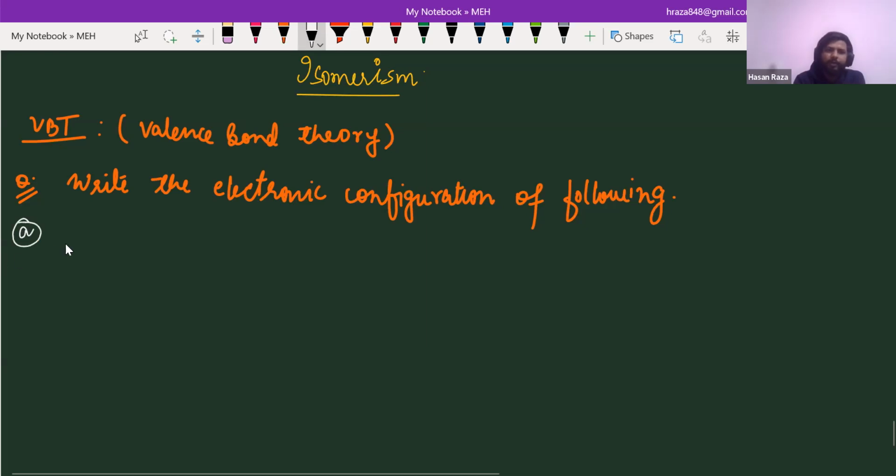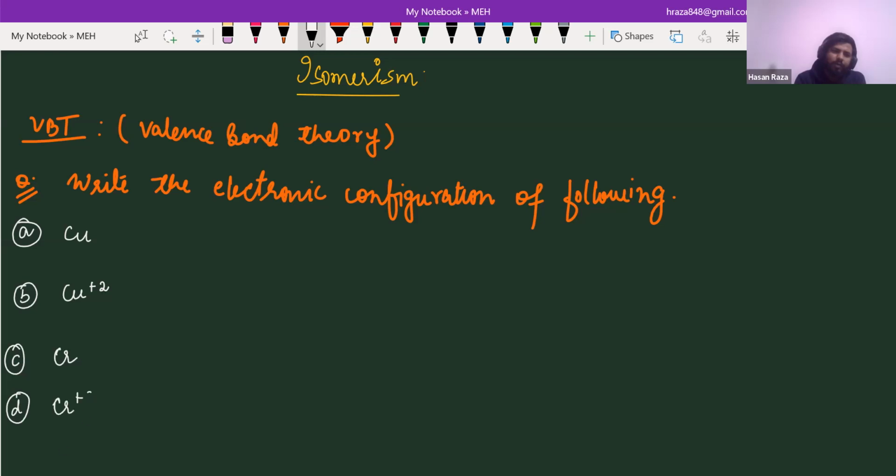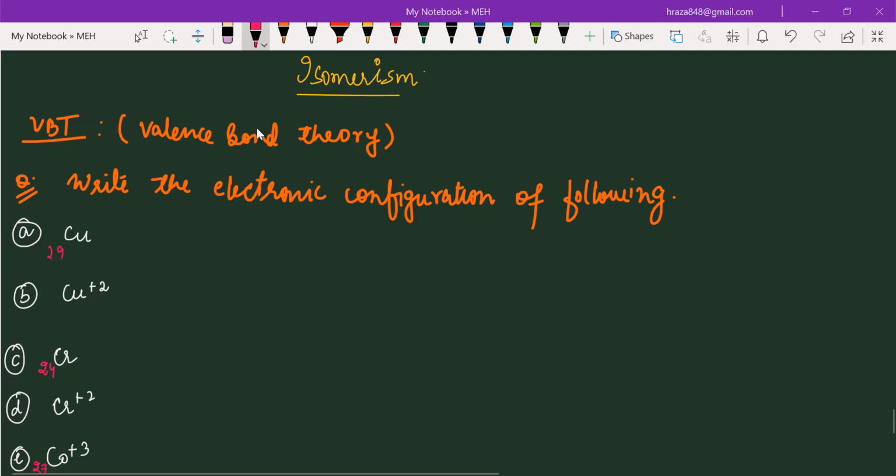The first one is copper, then Cu2+, then chromium 2+. Also, I want you to write cobalt 3+. Do you know the atomic number of all these? It is 29, it is 24, it is 27. So can you do the electronic configuration of all these? I'll try.